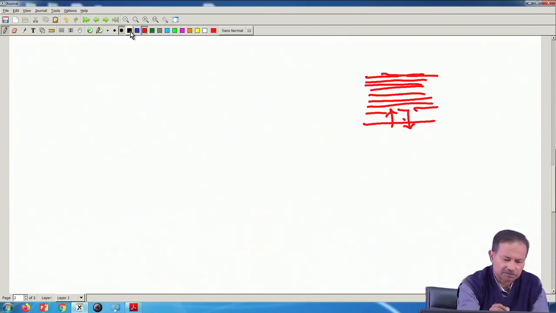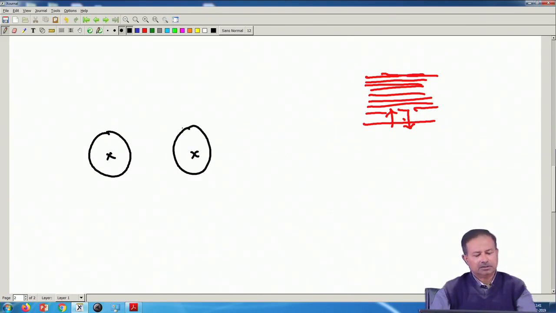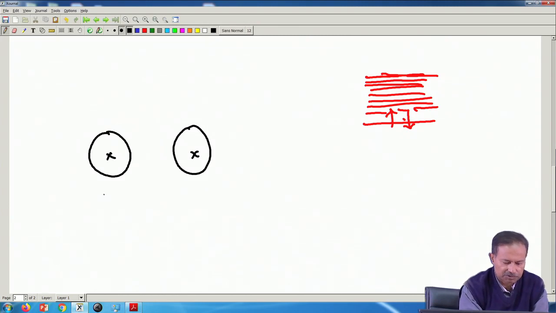So, again I have these 2 hydrogen atoms with their electrons in their typically 1s orbitals when they are very far apart, and these 2 orbitals I call 1 and 2.